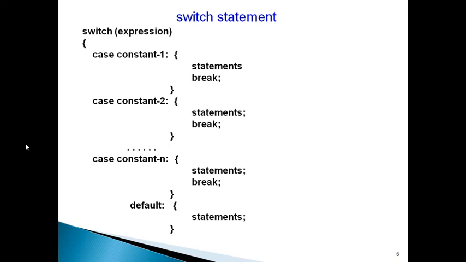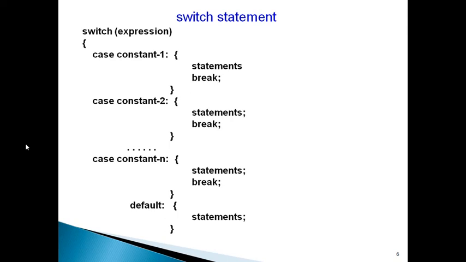Once again, I am repeating: in the switch statement, we write the expression. That expression is evaluated first and the resultant value is compared with the case constants, one by one: case 1, case 2, case 3, up to case n.